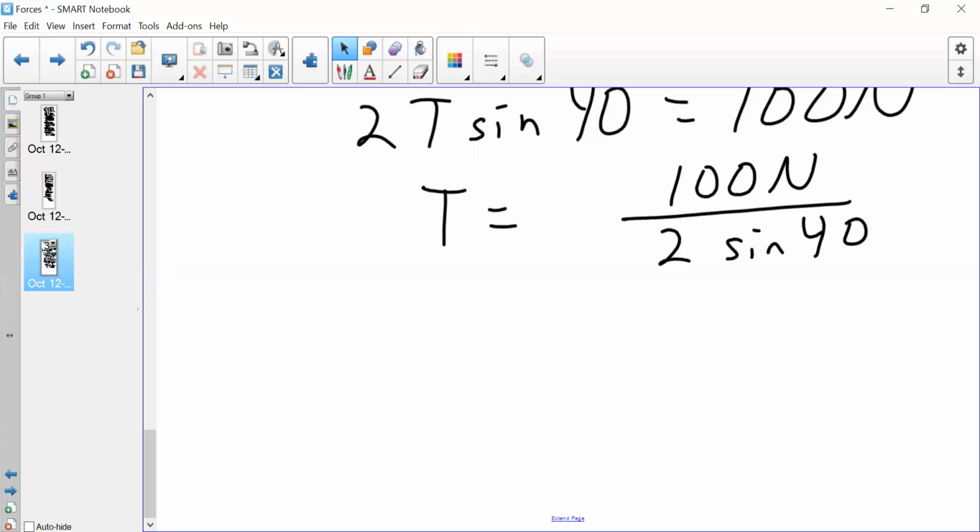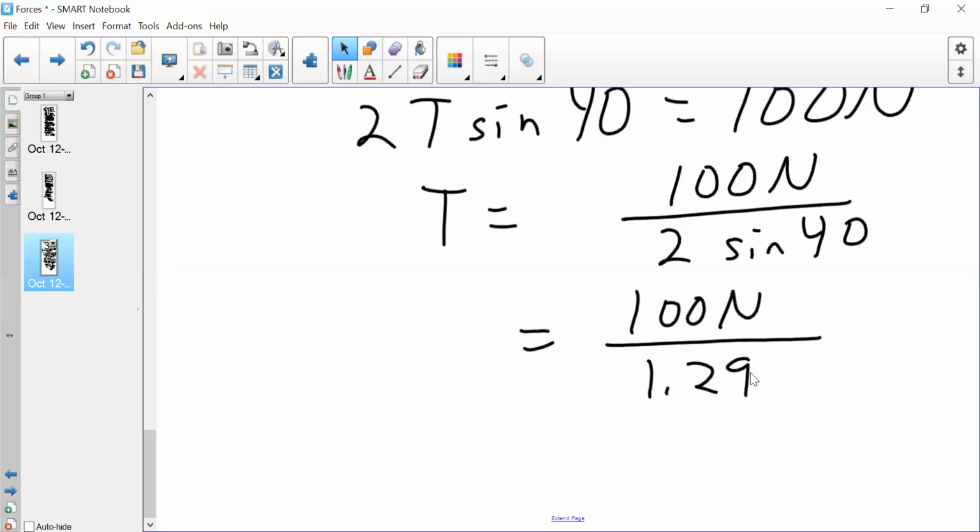Solve that out. So we have 100 newtons divided by 1.29-ish.